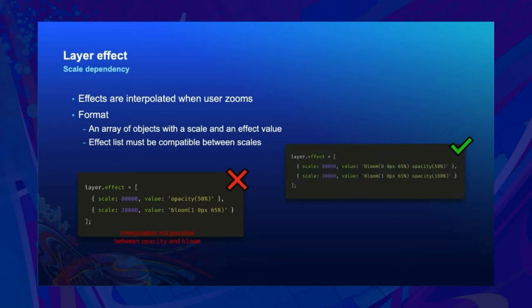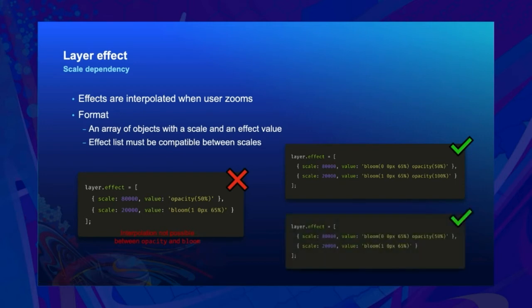The proper way to fix that is to set the same effect values on each scale, but with different parameters. Here I can see that between the two scales, I will transition the bloom from 0 to 1, and I will transition the opacity from 50% to 100%.